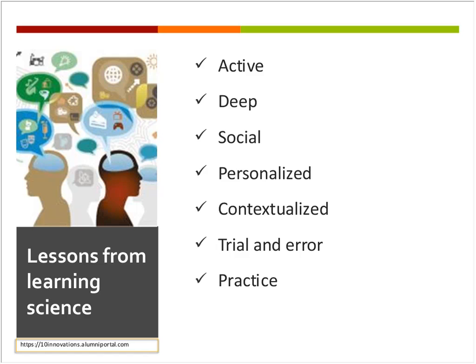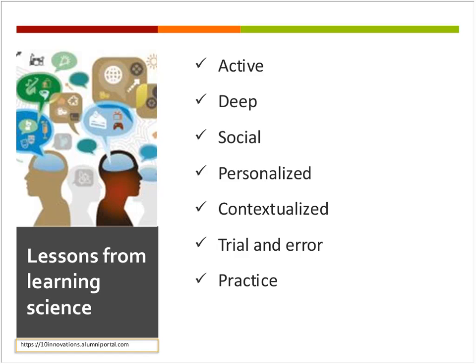To be active refers to hands-on, experimental, authentic, project-based, problem-based learning, words that you have all heard before. Deep refers to constructing and creating content, not just consuming it, but creating content and learning how to apply strategies.